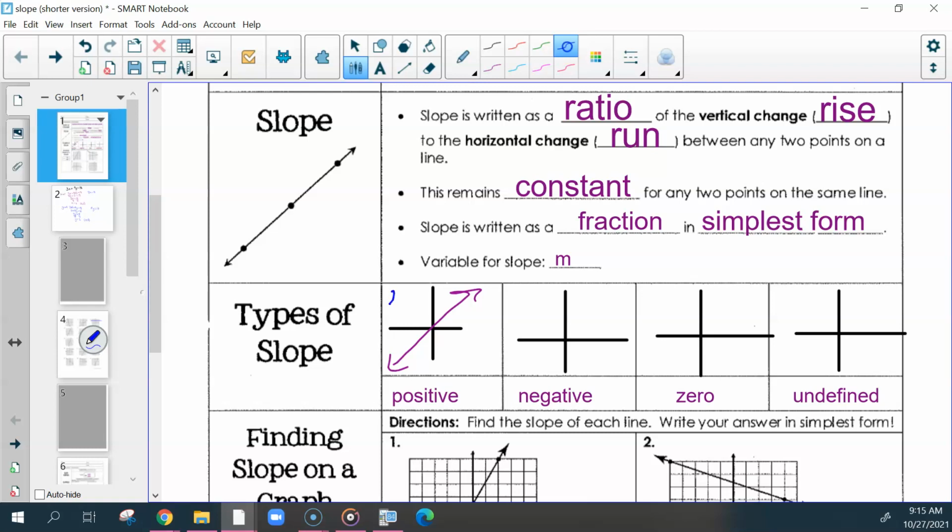So I would go up and then right, and that would give me a positive slope. If I was looking at this right to left, I would need to go down and then left. Down is a negative, left is a negative. 2 negatives make a positive. So either way, you would still get a positive slope.